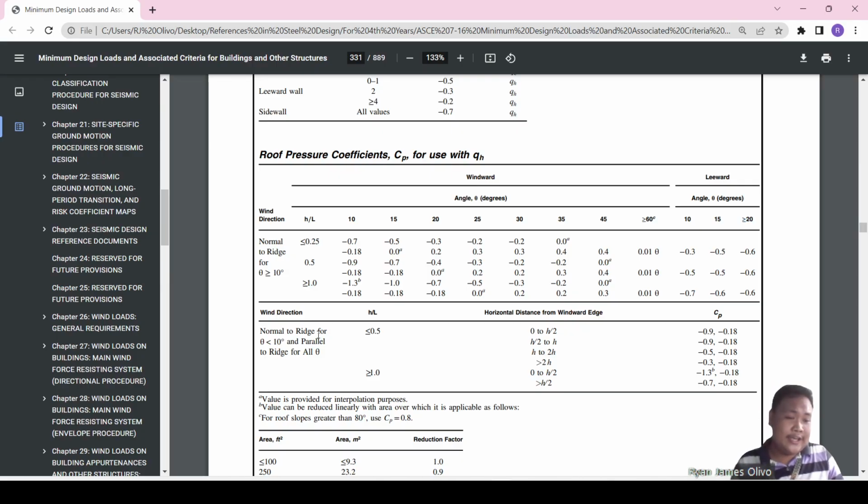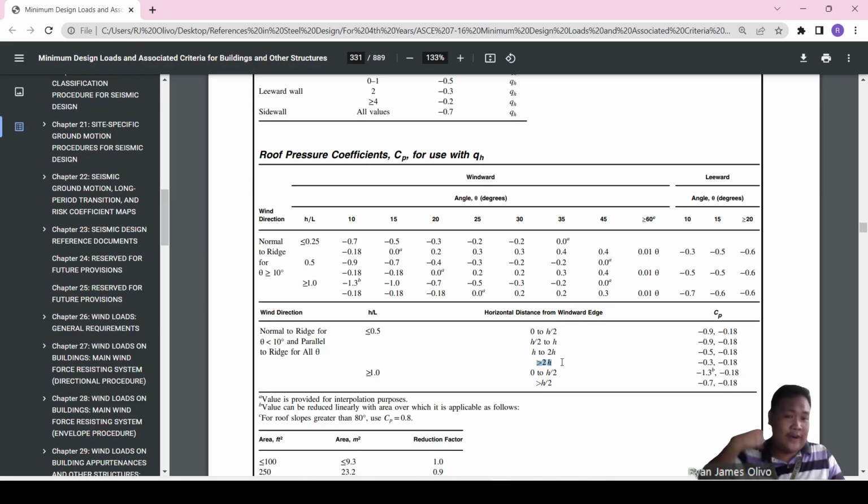So another scenario is the wind that is parallel to the ridge, blowing along the ridge. If we have the front view, the wind is blowing on the front elevation of the building. As you can see here, we have different values. Obviously, on the windward side, our CP is much higher, negative 0.9.